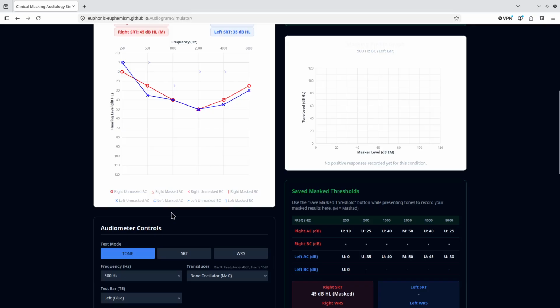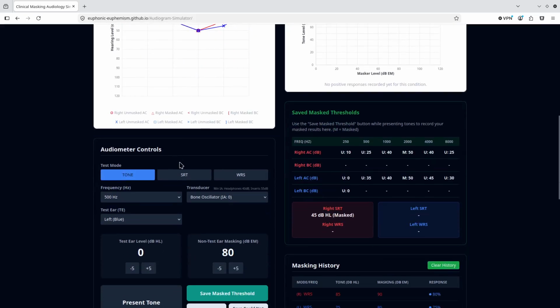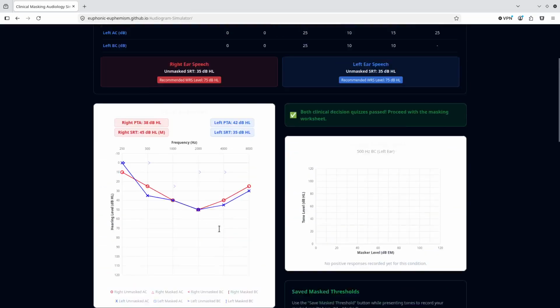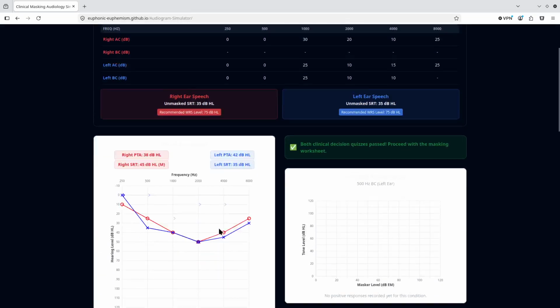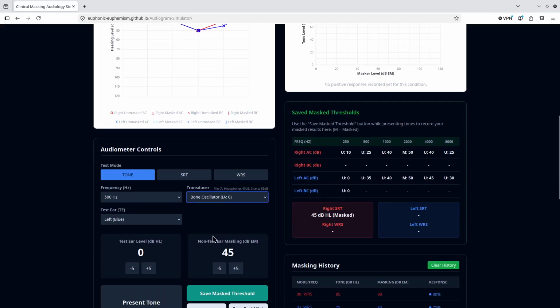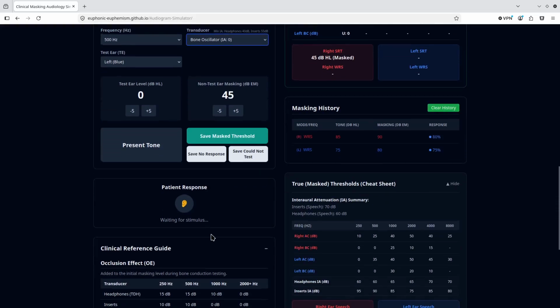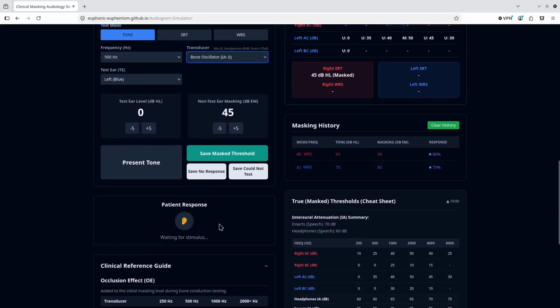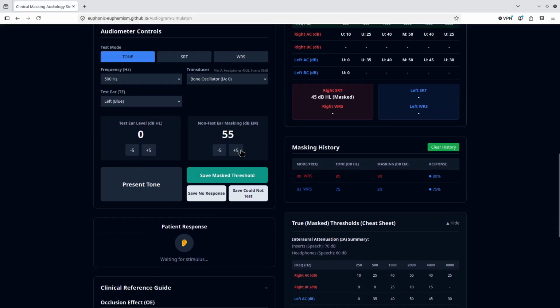And then in our non-test ear, which is 35, we're going to add 10 dB to that, which is 45. Because we're doing bone conduction masking, we have to add the occlusion effect. Because we have headphones here, I'll double check, we have to use the headphone occlusion effect, which is 15 dB. So we add another 15 dB on there.